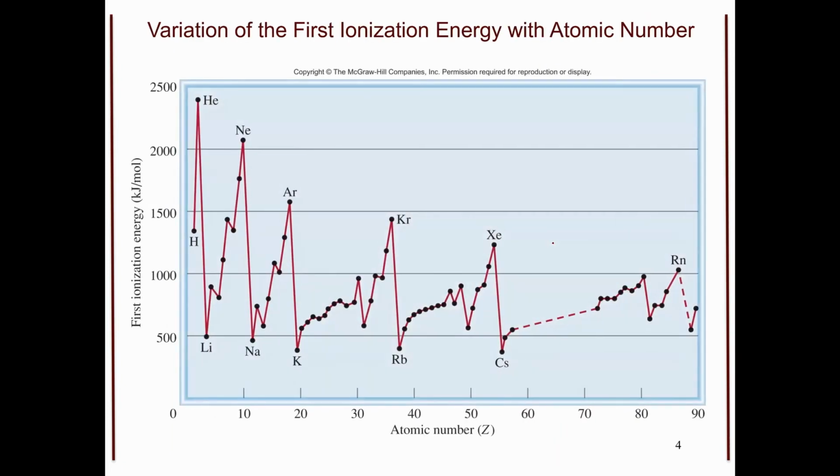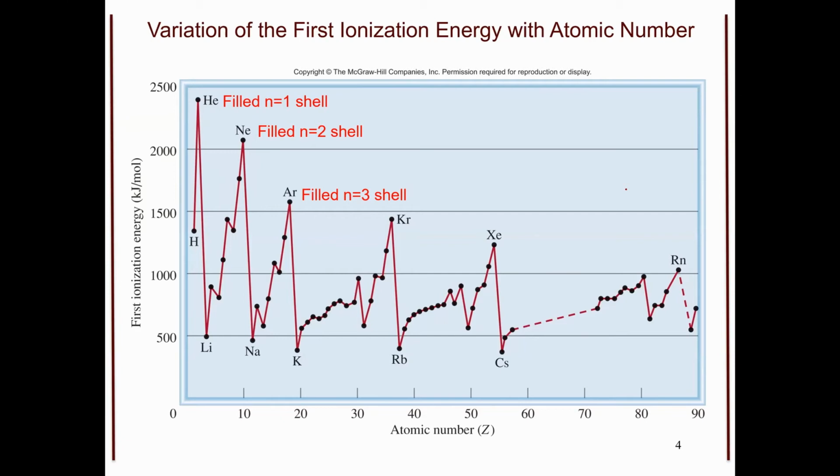Now let's look at the full periodic table. The thing that you want to notice here is which species have the highest energies. Our helium is a filled principal quantum number of 1 shell. Neon is 2, argon is 3, and krypton and xenon are 4 and 5 respectively.